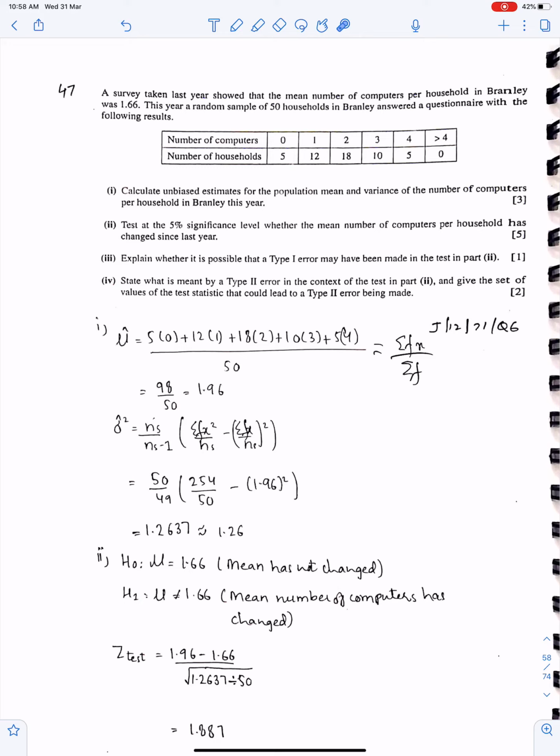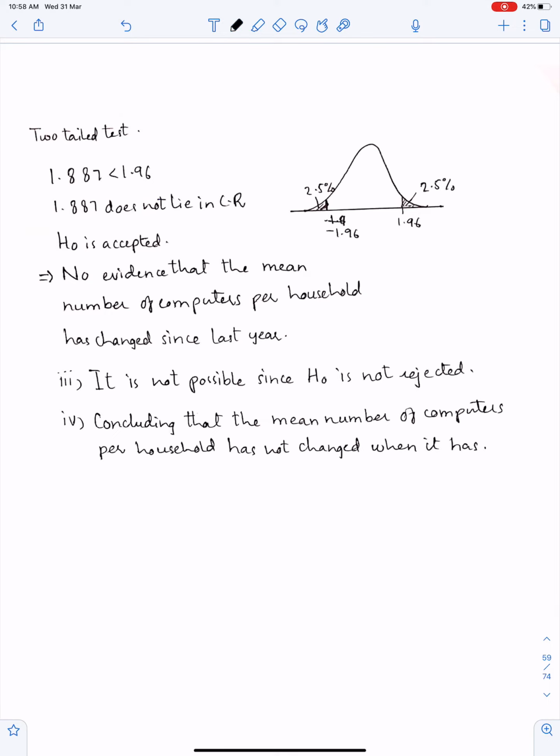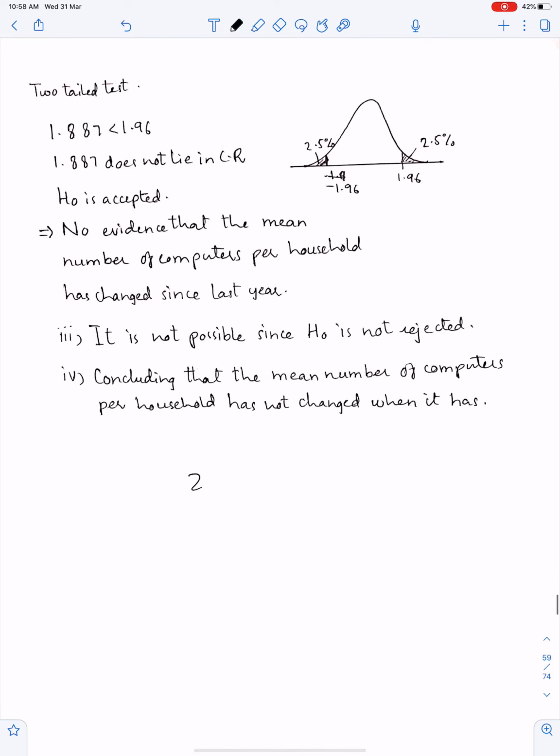For type 2 you have to accept H0. That means for type 2, the test statistic lies in the complement of the critical region, meaning the acceptance region.